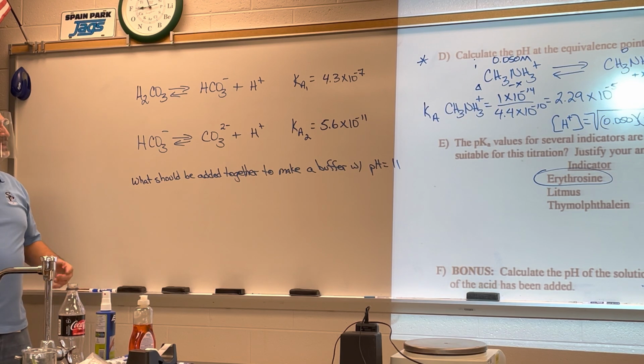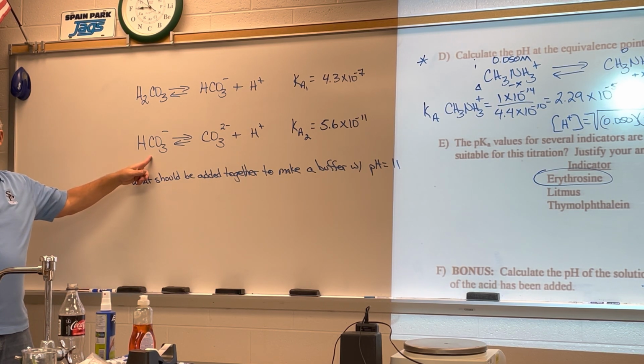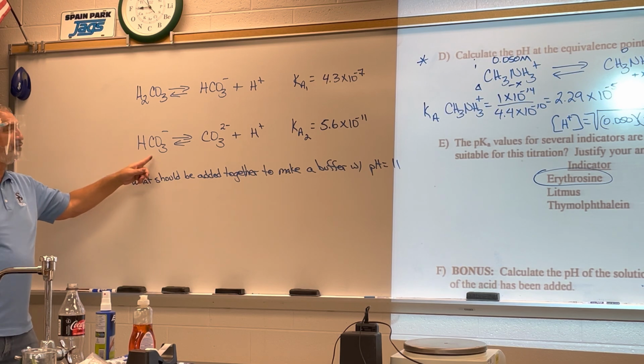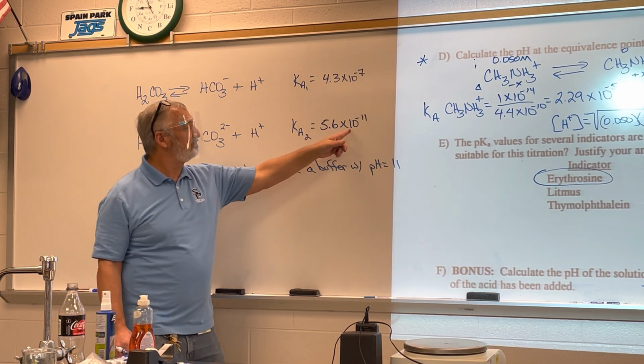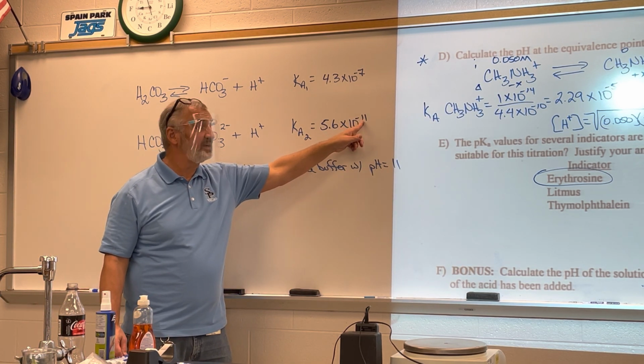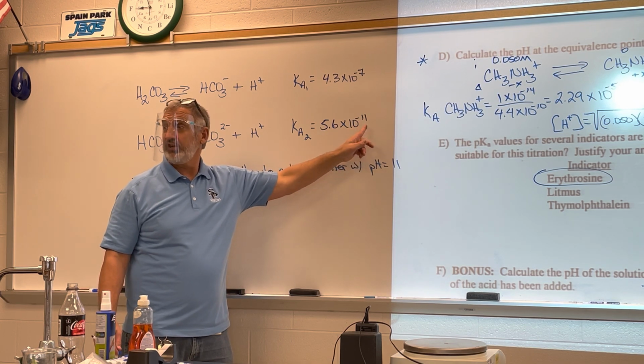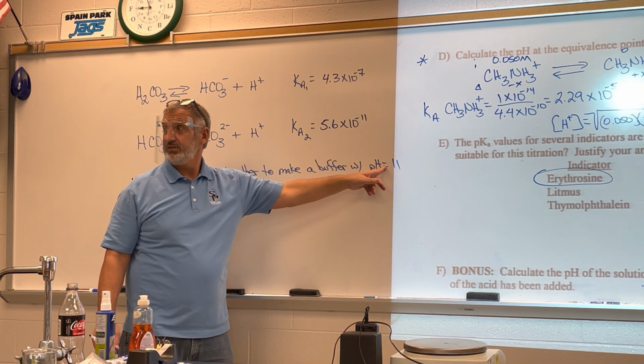We want to find the pKa closest to the pH of the buffer you want. That's this second one, because with the 10 to the minus 11th, the negative log of that is going to be close to 11.